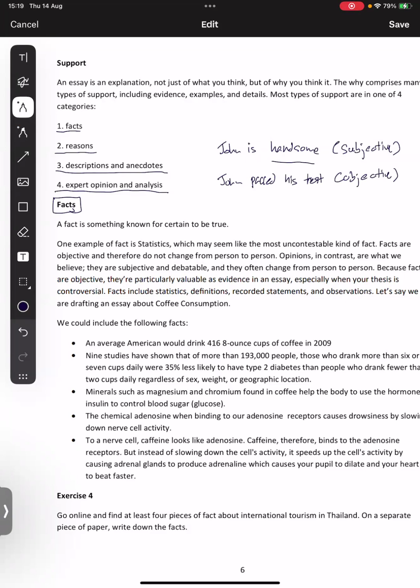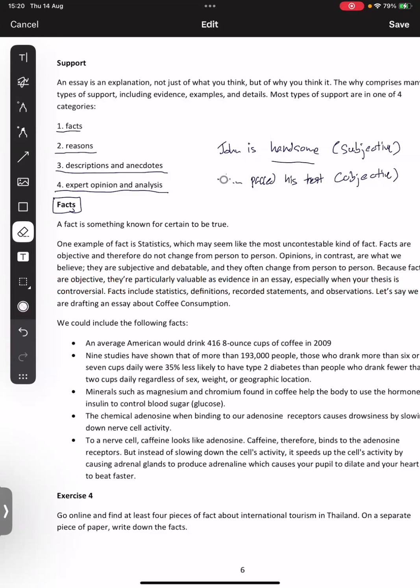So if John received 50%, then he passed the test. It's more objective. So a subjective statement will contain certain modifiers, like adjectives or adverbs, that cannot be quantified. It really depends on the individual.